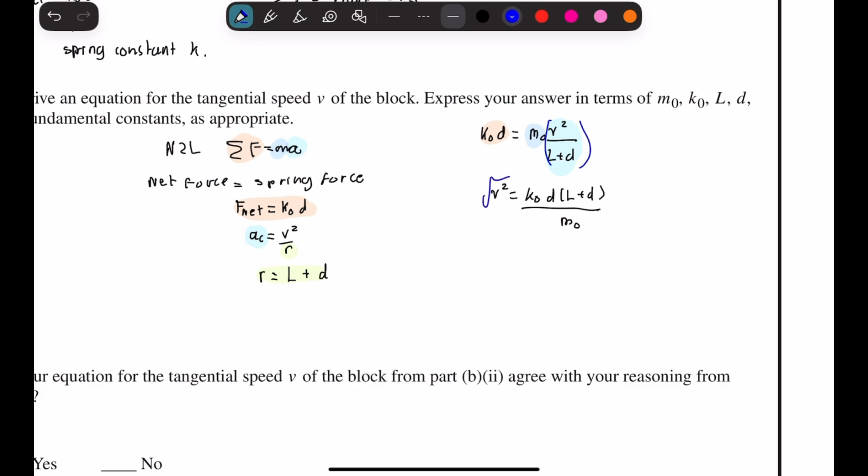Then you can take the root of both sides, and you have that v is equal to the root of k initial times d times L plus d divided by m initial.